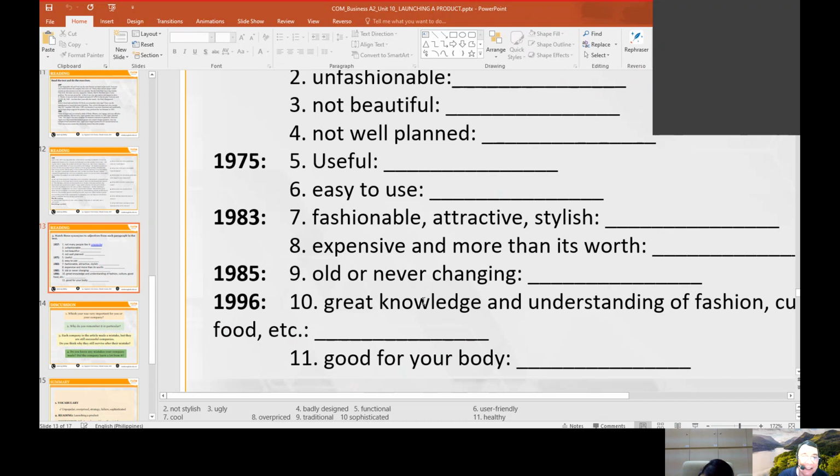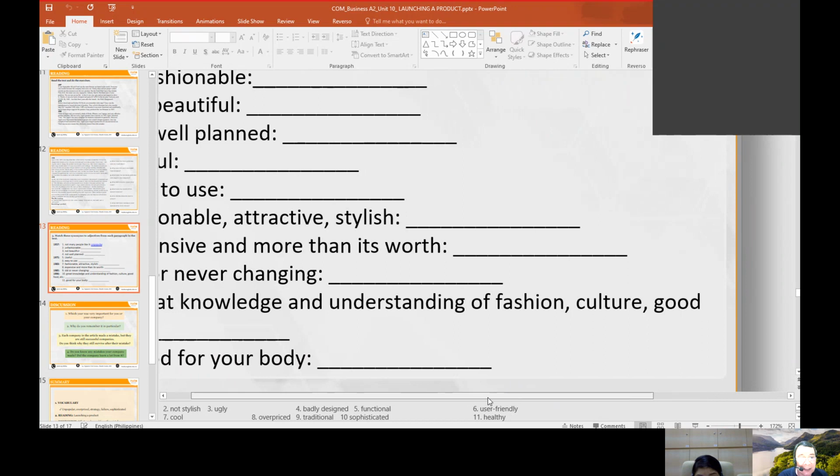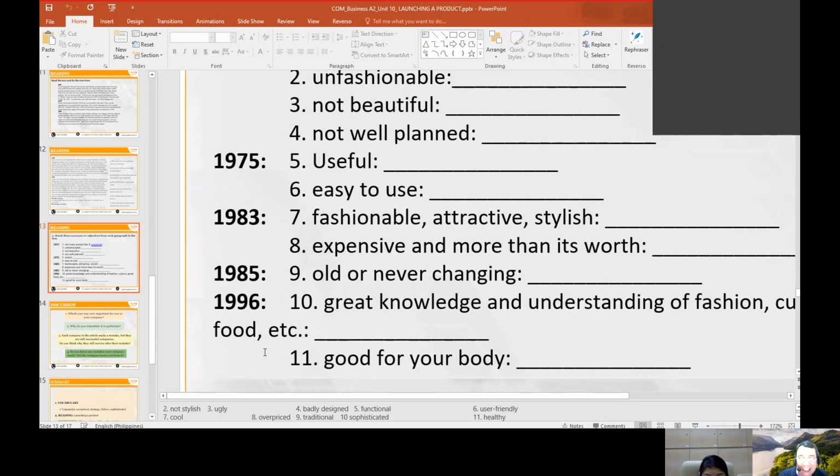And number 10, great knowledge and understanding of fashion, culture, food, etc. So that means sophisticated. And then number 11, good for your body. That means healthy.